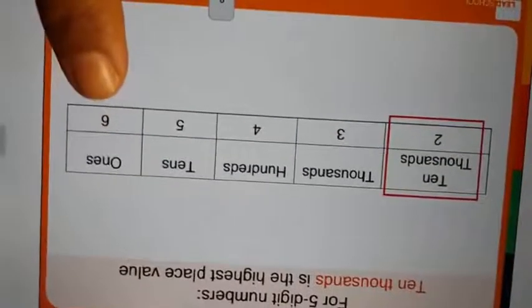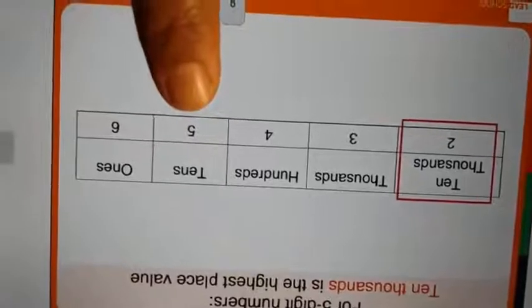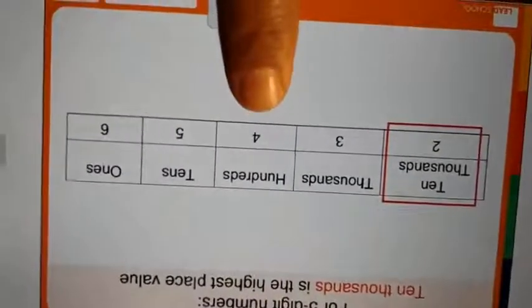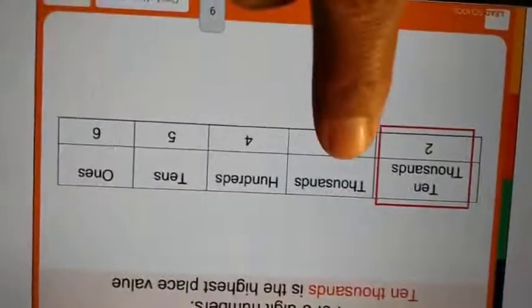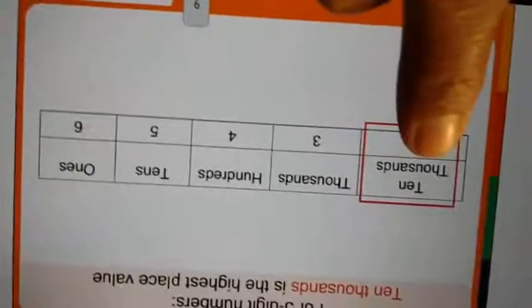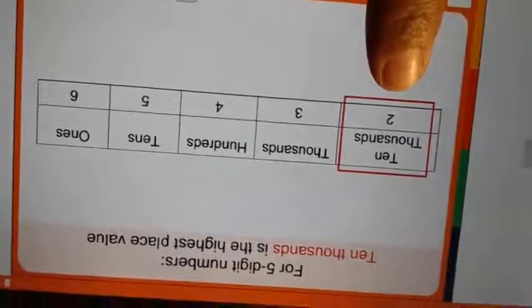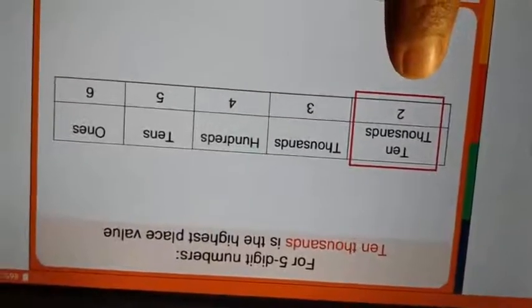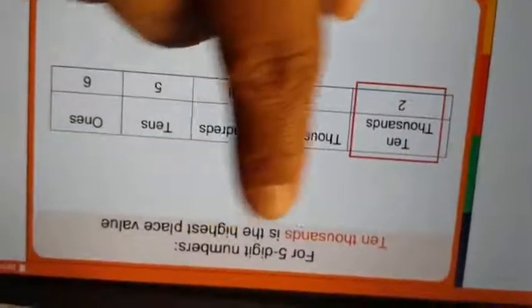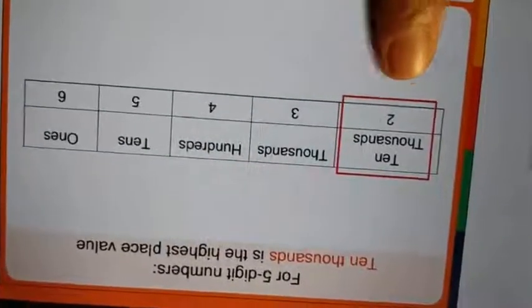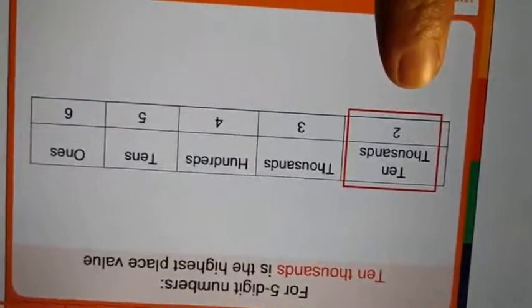In 1s we have to write 6, in 10s we write 5, in 100 we write 4, in 1,000 we write 3, and in 10,000 we write 2. So for a 5-digit number, 10,000 is the highest place value.